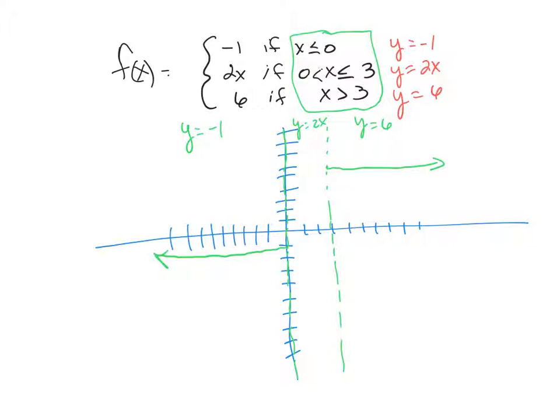So now we have to figure out if we put donuts or dots in the picture. If we have a less than or greater than sign, we put a donut. And if we have a less than or equal to or greater than or equal to sign, we put a dot. So let's go look at each one of the left and the right.